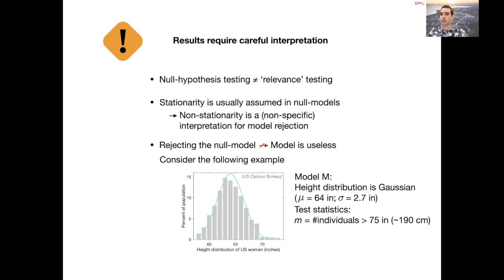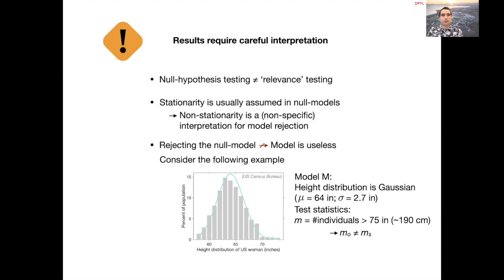So you would find that the null model should be rejected. But still, I think we would agree that it's quite informative, and it's a nice way to summarize this distribution, to have a Gaussian representation of the data. It's just that the extreme values cannot be represented by that model.